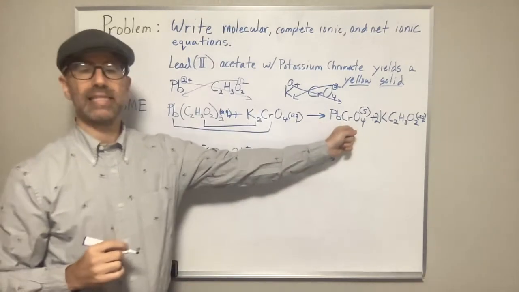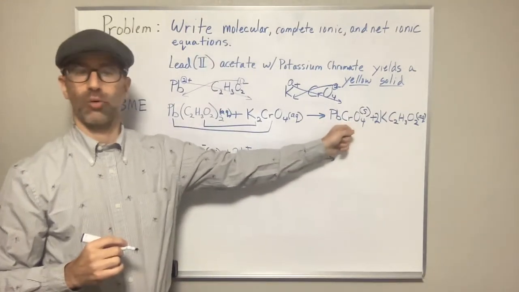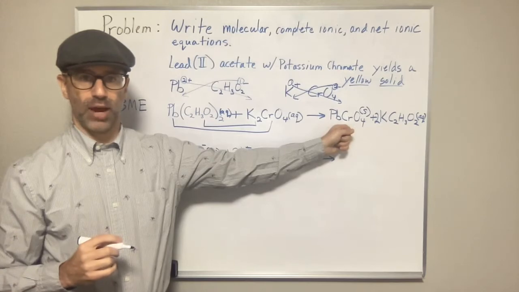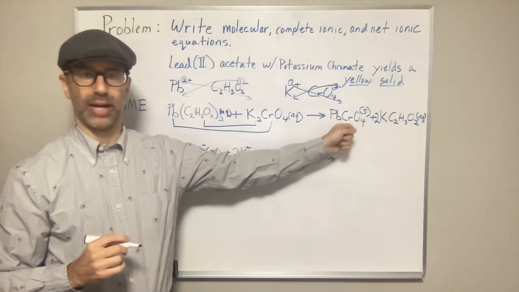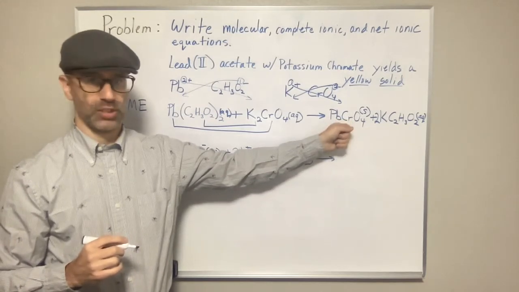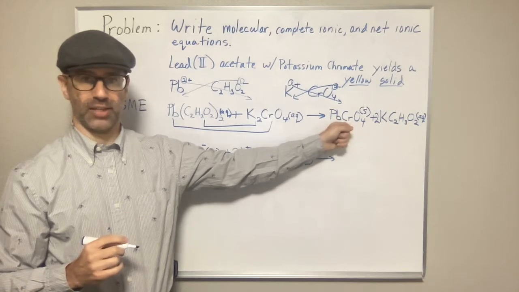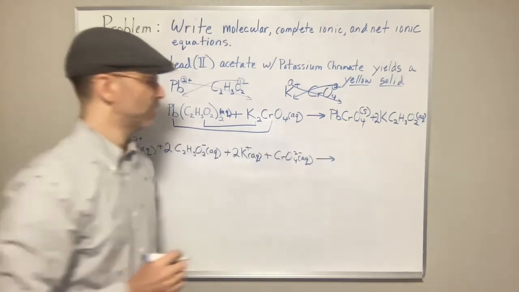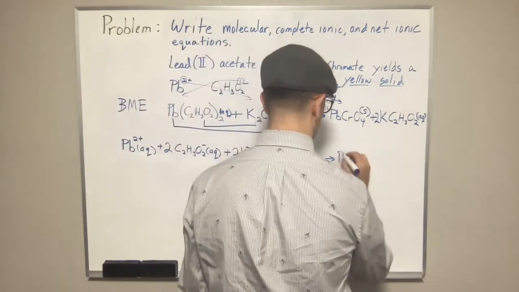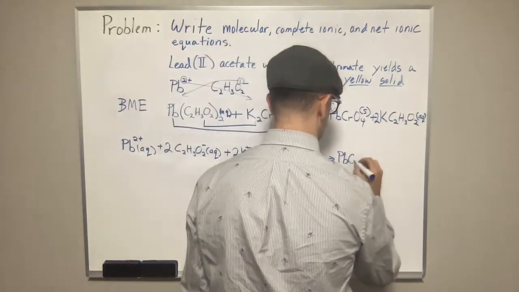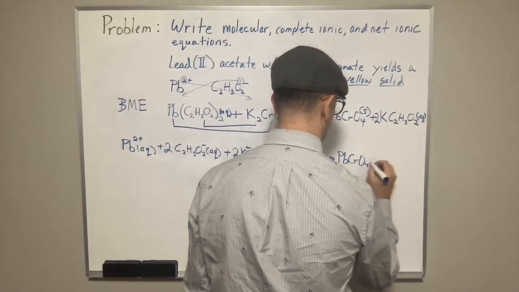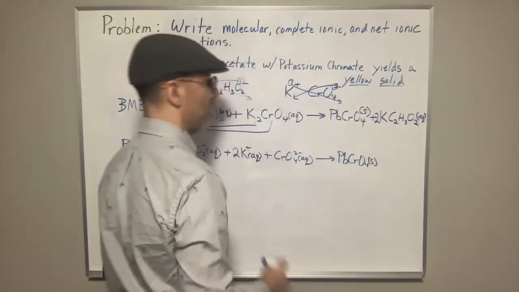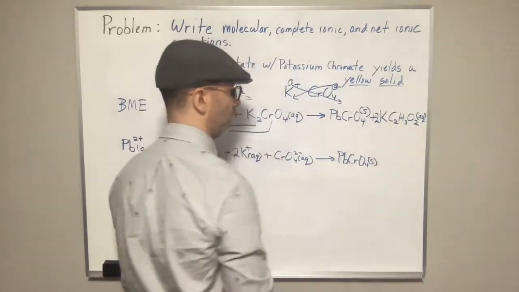Now notice we have a solid here. We don't separate solids. If you have a solid, liquid, or gas as a product, don't separate those. Here we have a solid, so we're not going to separate the ions here. We're just going to rewrite it as a solid: PbCrO4 solid. For these two, we're going to separate the ions.